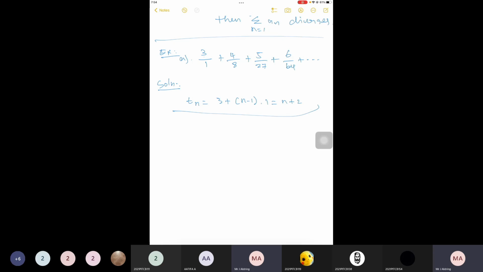Similarly, in the denominator we can consider 1, 8, 27, 64, and it goes on.